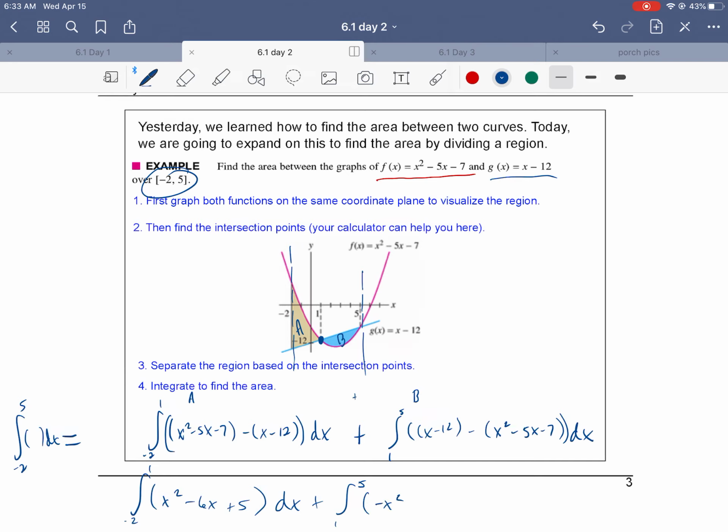Okay, so it simplifies -2 to 1, x squared minus 6x plus 5 dx, plus, from 1 to 5, -x squared plus 6x minus 5 dx. We'll take both of those integrals to Desmos or your graphing calculator and calculate their areas separately and add the answers together.